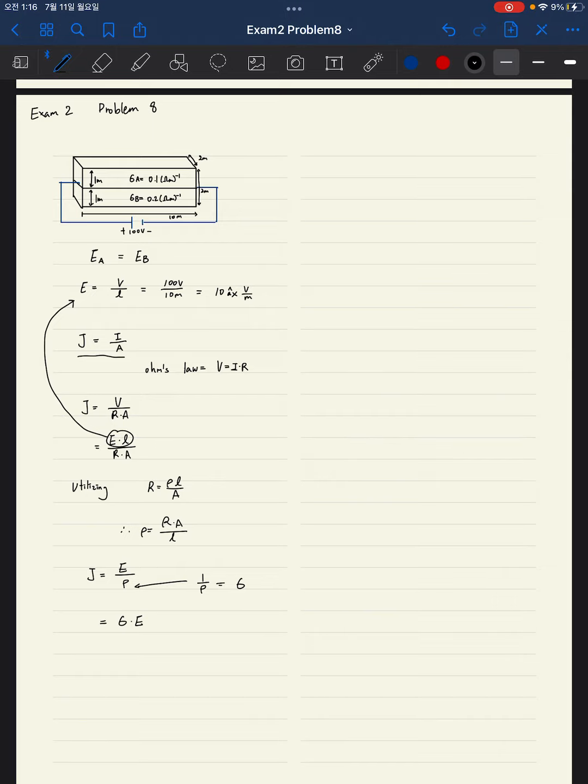So we said that J is equal to the conductivity times the electric field. And the conductivity is different for each material, so I'm gonna say this is J_A. So J_A equals 0.1 times the electric field, which is 10.